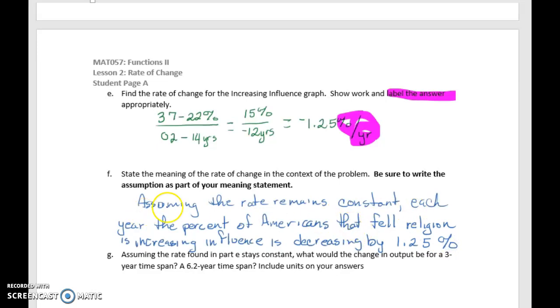The each year is this piece right here in terms of per year, and then decreasing because our rate of change is negative, and then our percent is 1.25%. We know that this is not constant, so we have to state that it is the assumption that this remains constant.